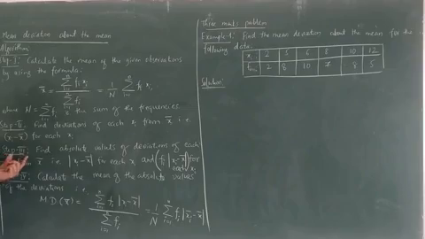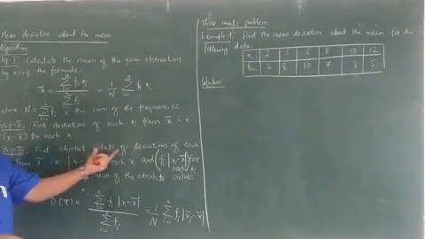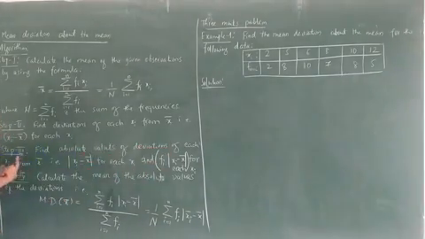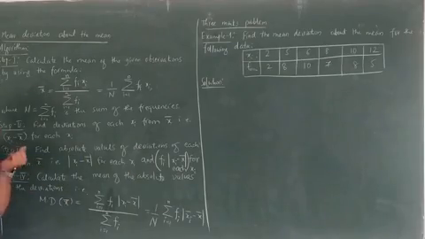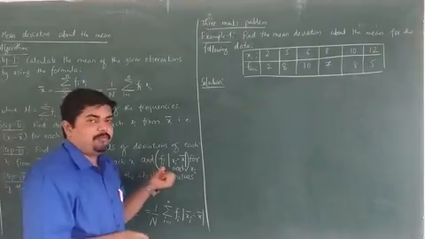In step number 3, your task is to find the absolute values of the deviations of each xi from x bar, as we have done in case of the ungrouped data points.